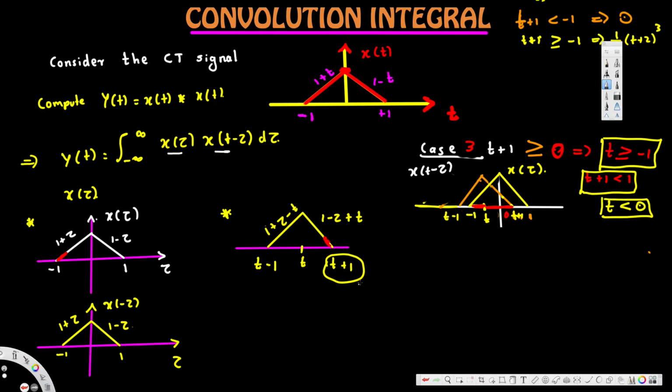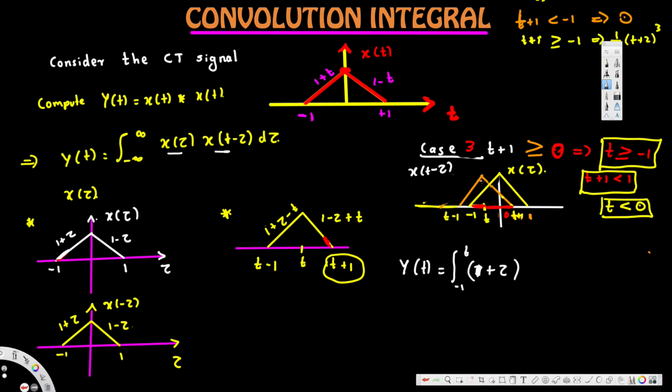So when we do the integration, let's express everything. Y of t is going to be the integral; the first one is negative 1 to t. At that time, if you look at x of tau, that is 1 plus tau.